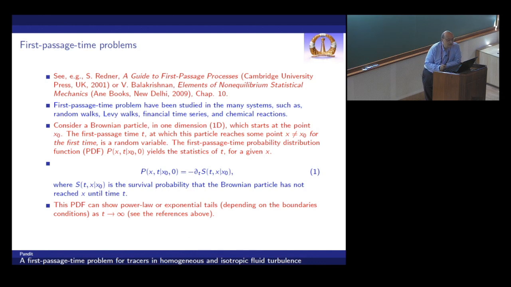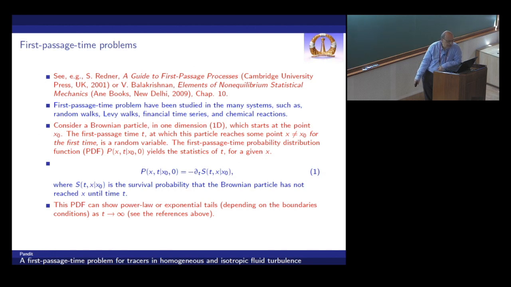And let me just define it in the case of a Brownian particle in one dimension. Say it starts at point x naught, and the first passage time t is the time at which the particle reaches some point x, which is not x naught, for the first time.